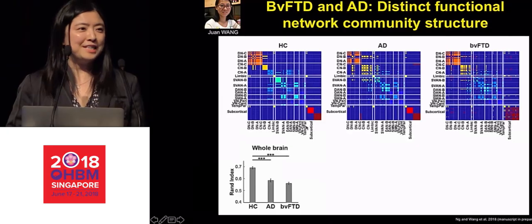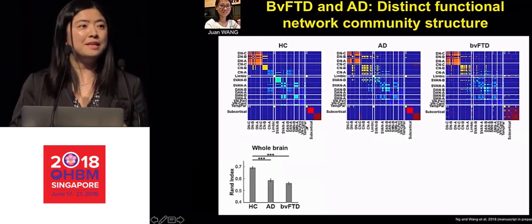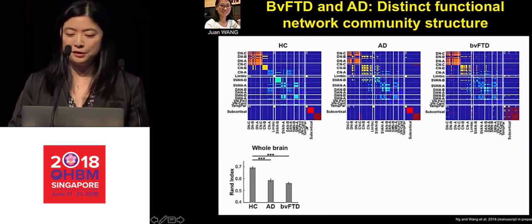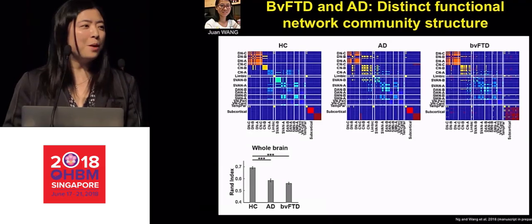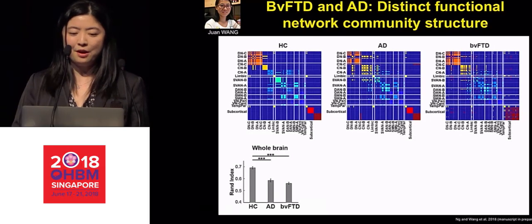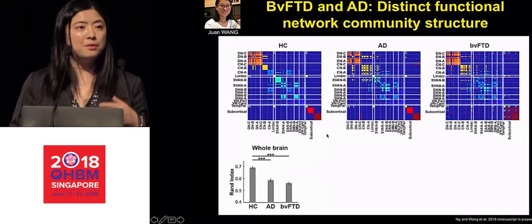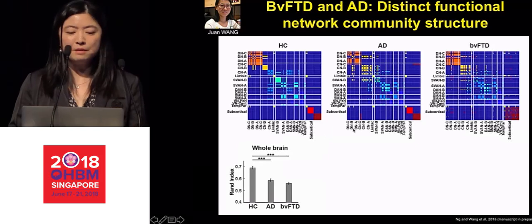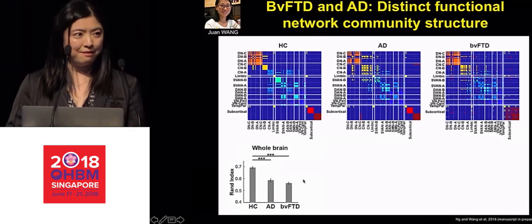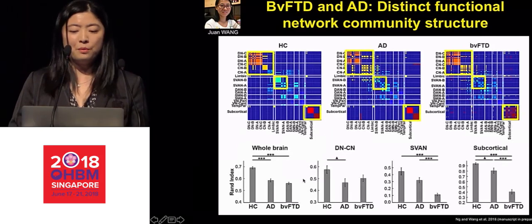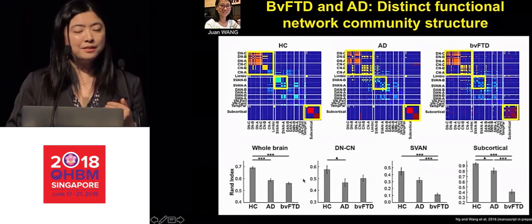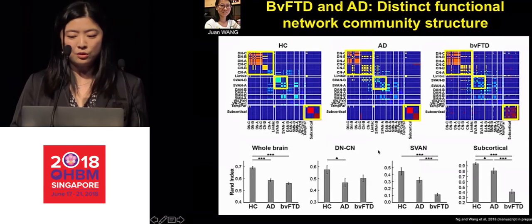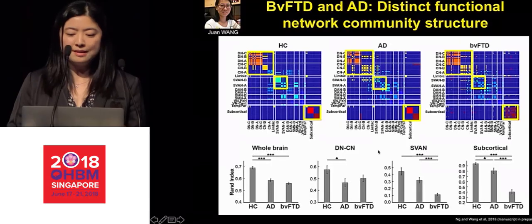This is the fresh data from the lab after accumulating bvFTD patients over the years. Based on graph theory and brain parcellation, we found that there is community structure reconfiguration in both AD and bvFTD at the whole brain level. When we narrow down to specific networks, the two disorders have differential network reorganizations.